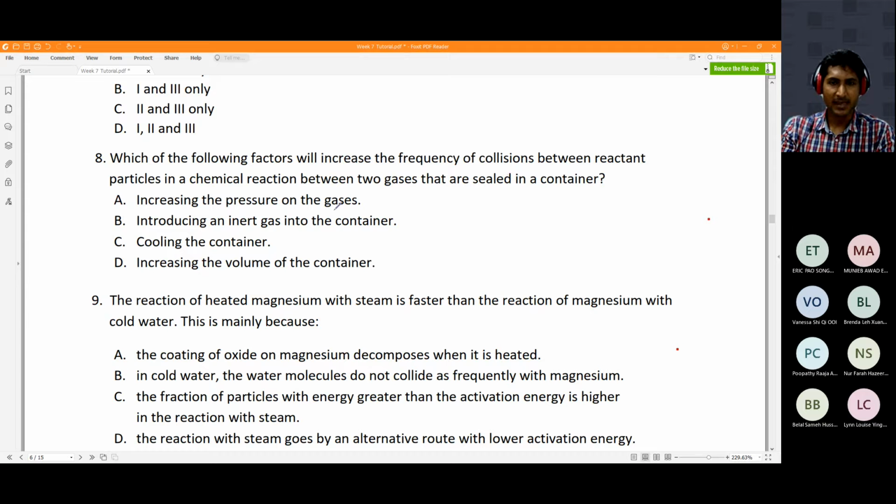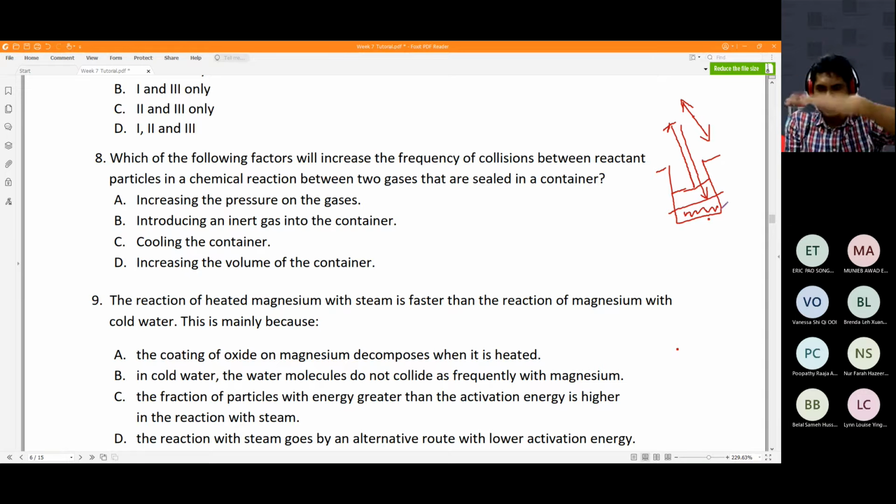If we increase the pressure of the gas, what will happen? The collision, yes. Pressure of the gas means this is a container. How do we increase the pressure? Have you ever seen a bicycle pump? The bicycle pump is the pumper here, so we can lift up and press it down. When you press it down, the volume decreases.